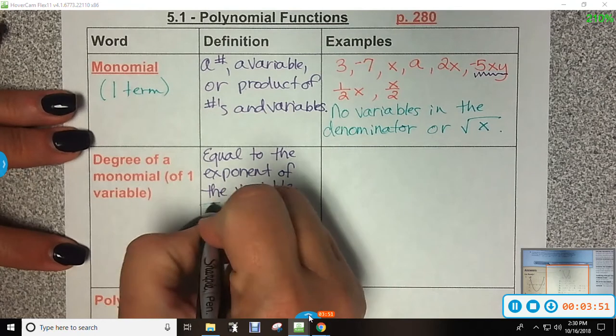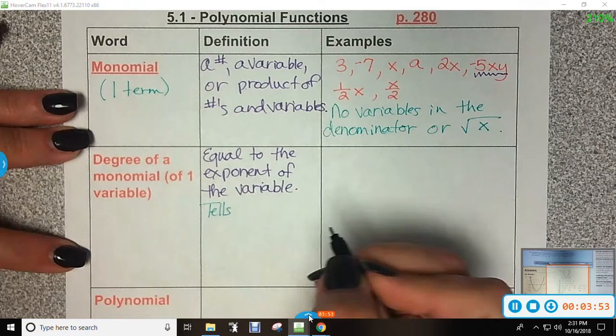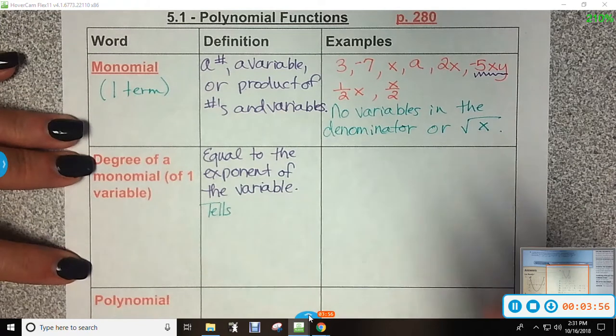What it tells us is the maximum number of times it can touch the x-axis.